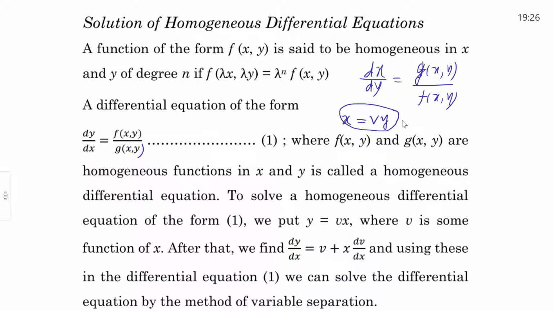Is that clear? Generally we solve the equations by d y d x, not by d x d y, but in some special cases it may be d x d y.